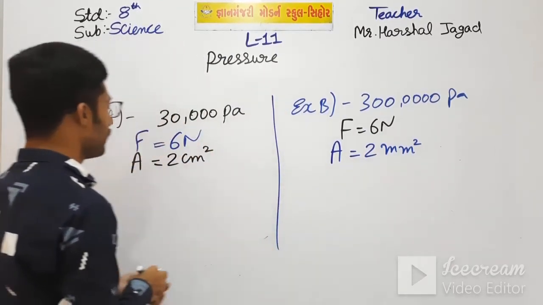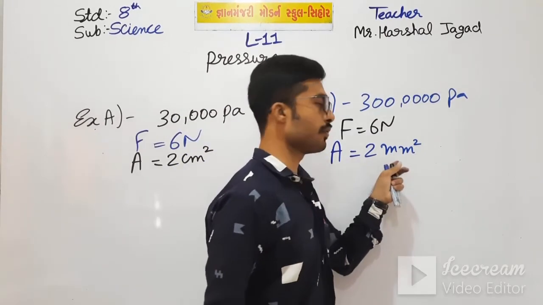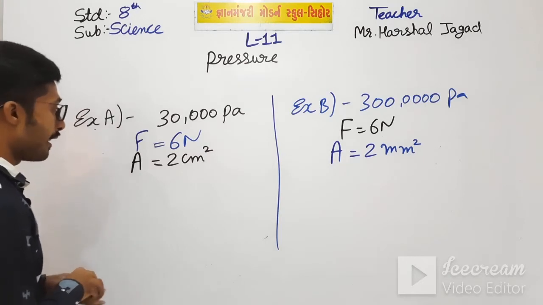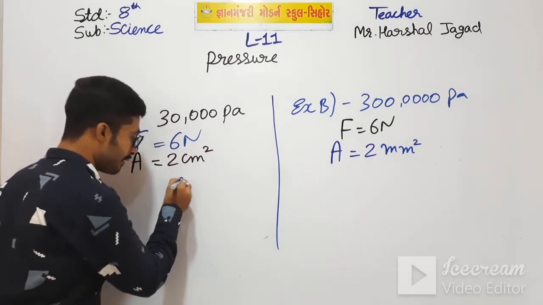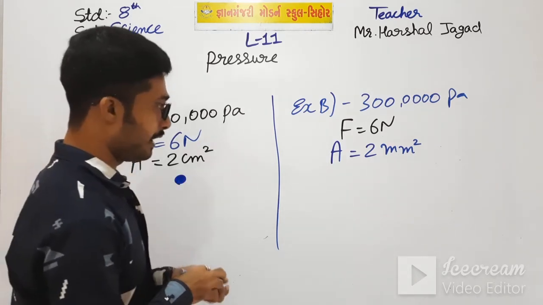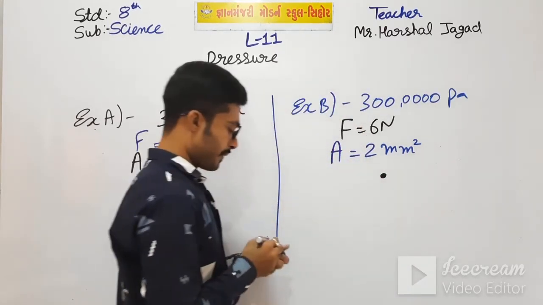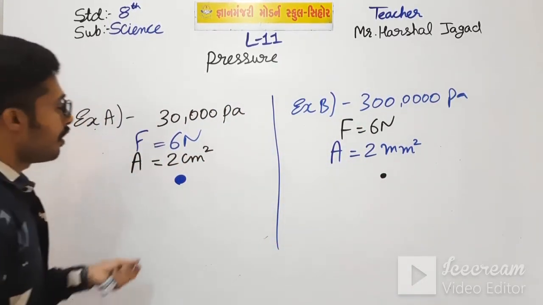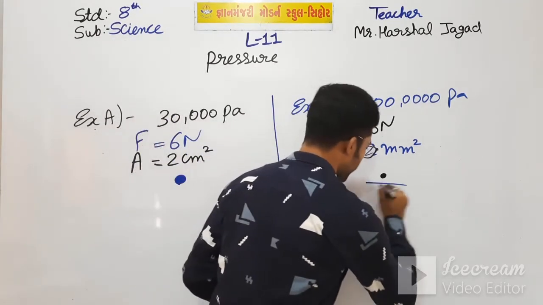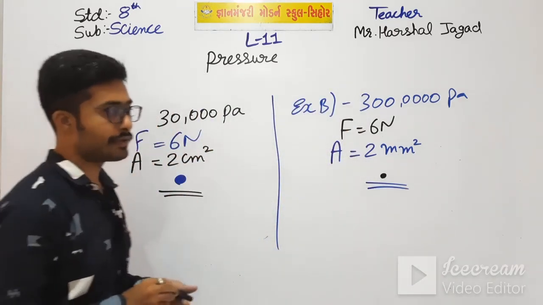So here the area is 2 centimeter square, and here the area is 2 mm square. So this area is big, and here in this case the area is small. So from this, which will have the high pressure? Can you tell me?